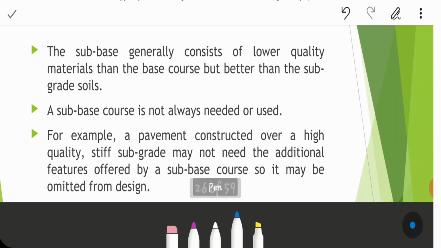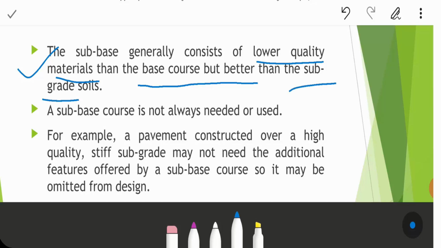Sub-bases generally consist of lower quality material than the base course, but better than the subgrade soil. Clear? This is very important. Lower quality material than the base course, but better than the subgrade soil. Okay?